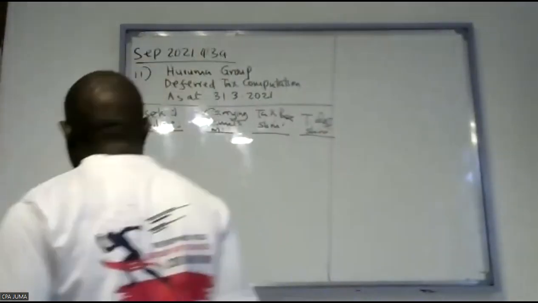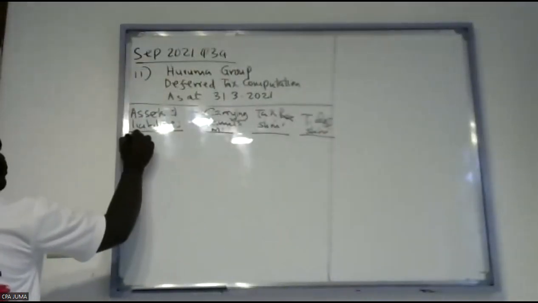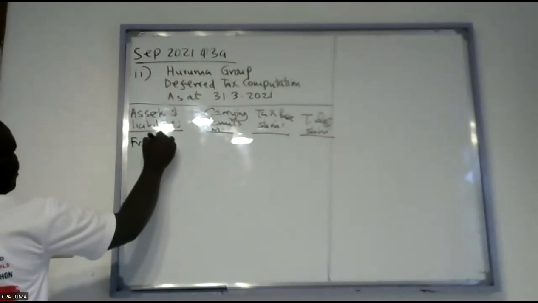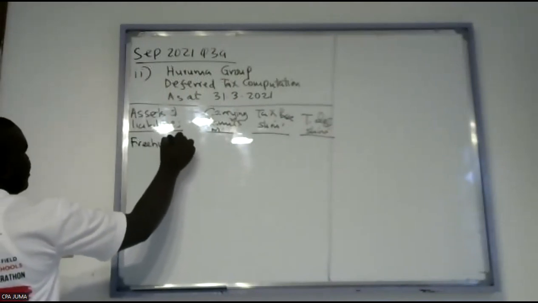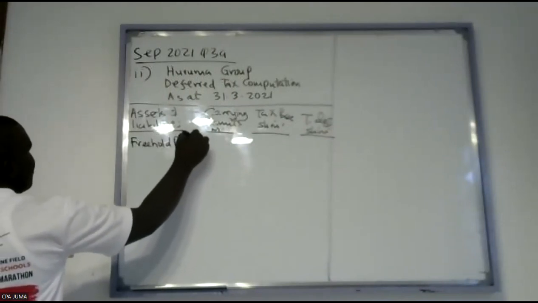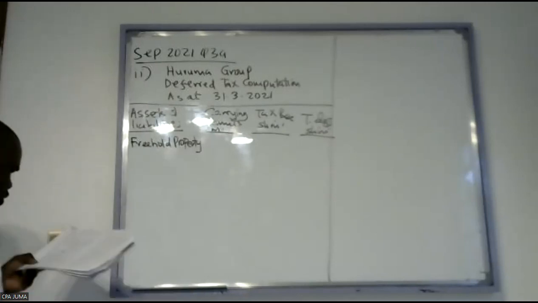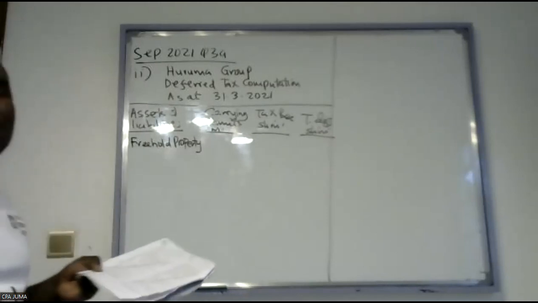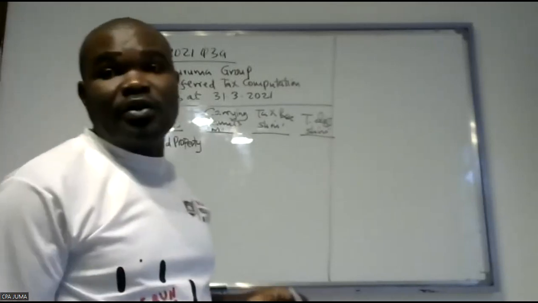So, freehold property. The fair value, the market value, now becomes the book value.